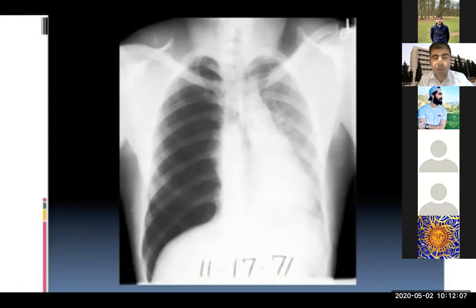Doctor, how can we comment on the mediastinum and vascularity of the lung? So actually, vascularity, you will comment on that. Is it seen, for example, for this case, on this right side or not?